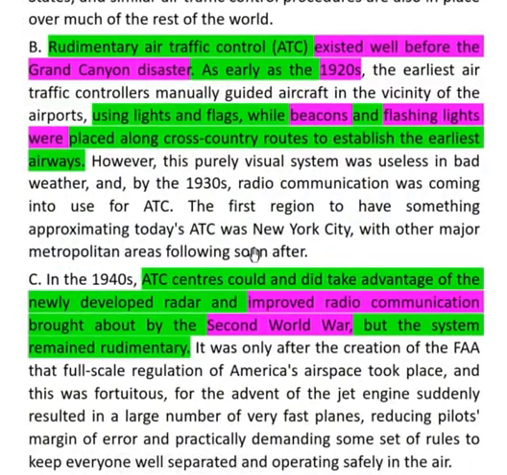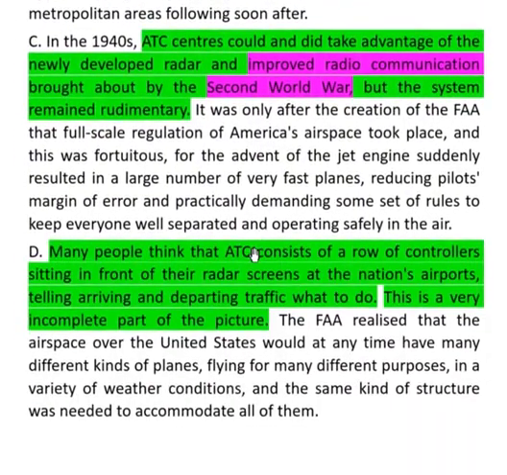The next paragraph, which is paragraph C now. Paragraph C, we're gonna do the exact thing we did for paragraph A. In the 1940s, ATC centers could indeed take advantage of the newly developed radar and improved radio communication brought about by the Second World War, but the system remained rudimentary.